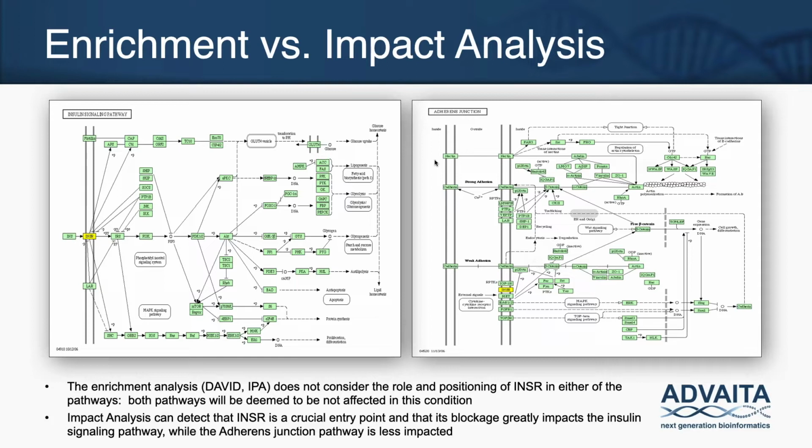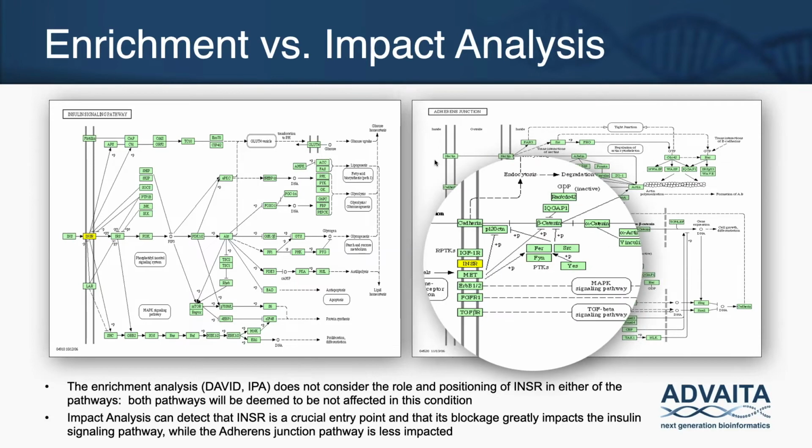However, if you look at the topology of the pathway, you'll notice that there's a big difference. In the adherence junction pathway on the right, you can see that there's nothing downstream of the insulin signaling receptor. So there's no predictions that can be made about changes on the pathway based on fold change in insulin signaling receptor.